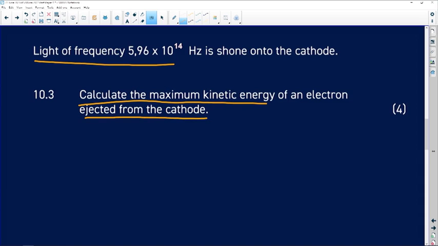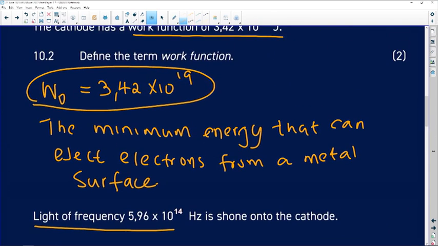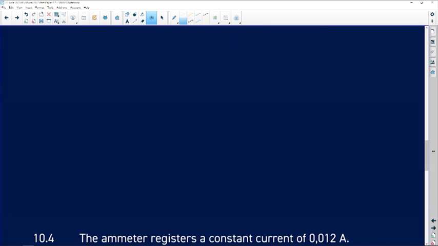All right, so we go to our formula sheet now, because we are given the frequency and we are also given the work function. So we do have our data there.